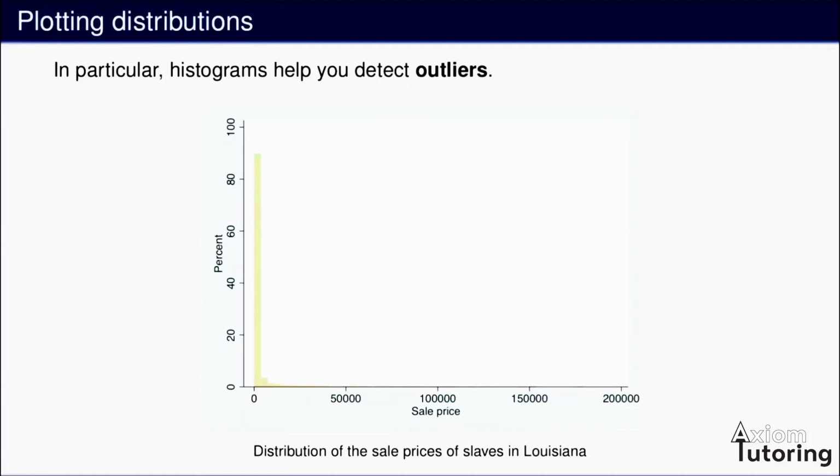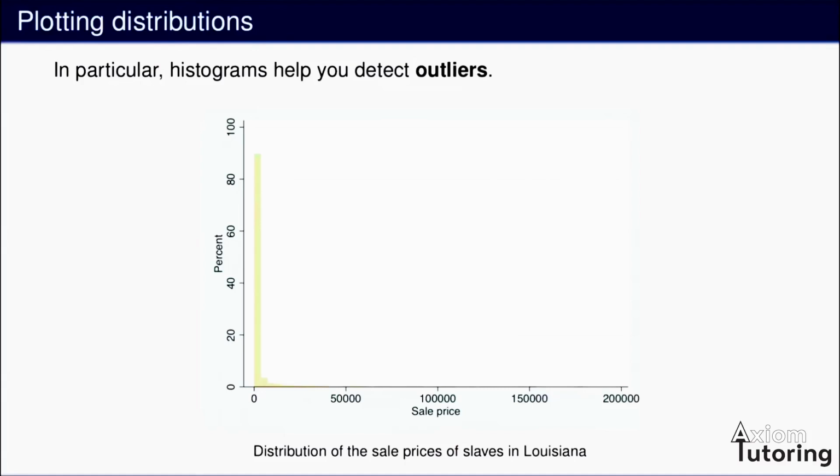Okay, so this is based on a very large historical data set with more than 100,000 observations, where every single observation is a record of a particular slave in Louisiana. One of the variables that is recorded in that data set is the sale price of those slaves.